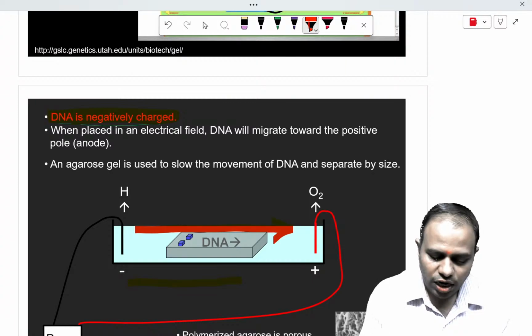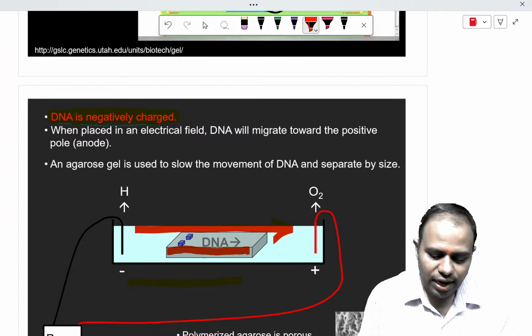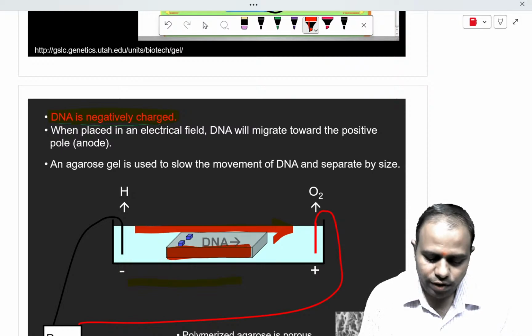This is a gel made up of a polymer called agarose. We are going to see in detail how agarose forms a gel. It is the polymer agarose that helps to form a gel, and there is a slow movement of the DNA bands across it.